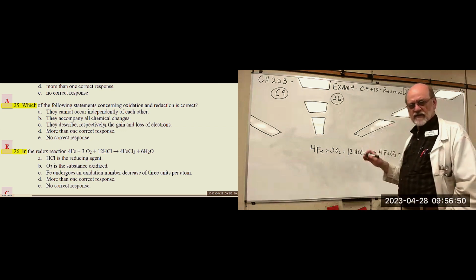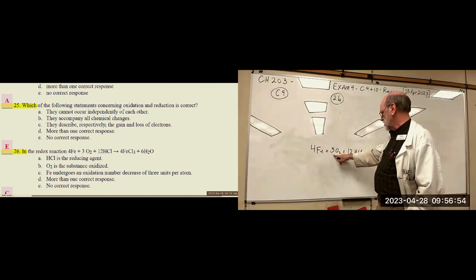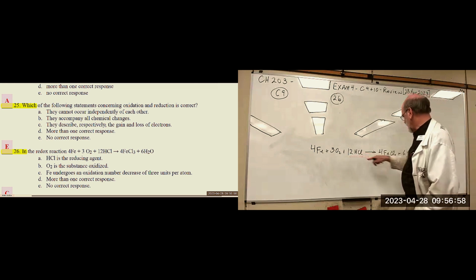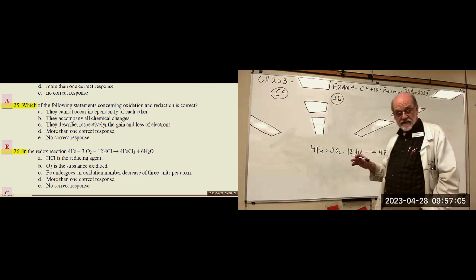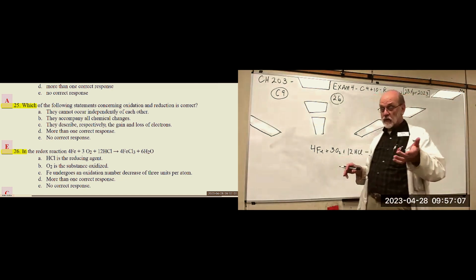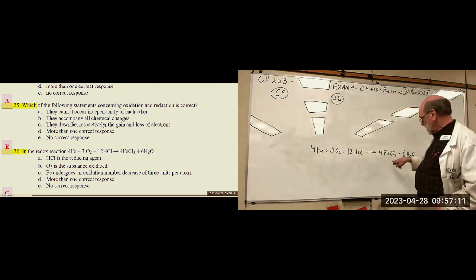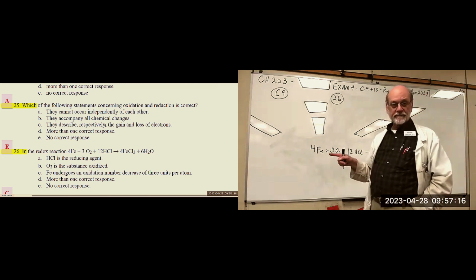Okay, is that everybody? That's everybody. Okay, 4 irons, 4 irons. 6 oxygens, 6 oxygens. 12 hydrogens, 12 hydrogens. 12 chlorines, 3 times 4 is 12 chlorines. That's balanced. And we know it's redox. They told us it was. But we've got an element here, and it's in a compound here. So we know this is redox.